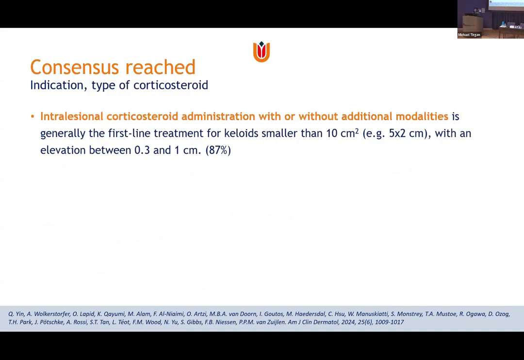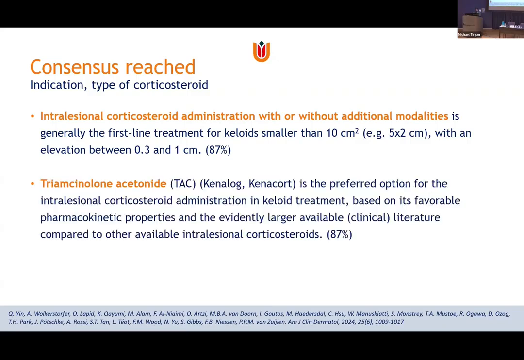Consensus was also reached that intralesional corticosteroid administration with or without additional modalities is generally the first-line treatment for keloids smaller than 10 squared centimeters, with an elevation between 0.3 and 1 centimeters. And that triamcinolone acetonide is the preferred option, based on its favorable pharmacokinetic properties and also the evidently larger available literature compared to the other corticosteroids.